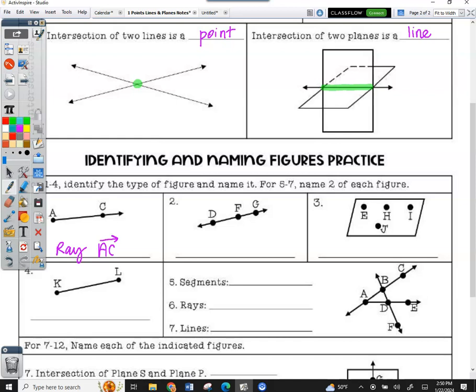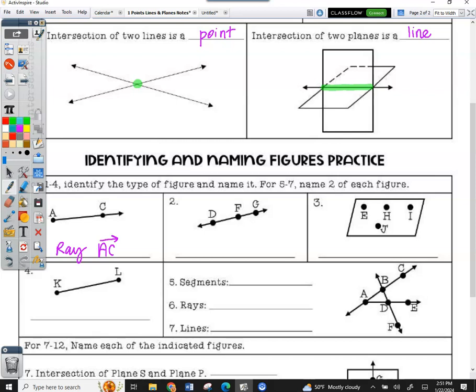When we get to the complicated stuff, if you don't know how to name edges, angles, rays, segments, it makes it way more challenging. So we're trying to make sure, let's get this down, and then we'll worry about the more complicated stuff. All right, number 2, go to the front of your paper, look at the pictures.